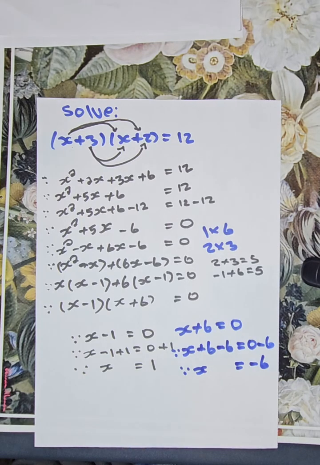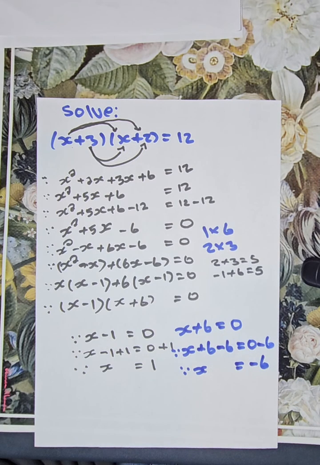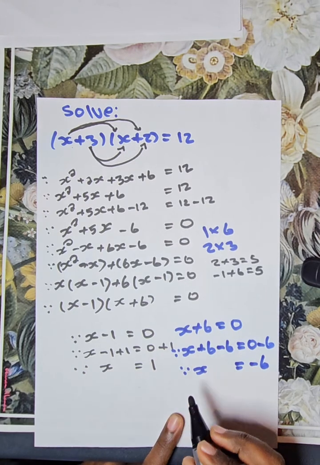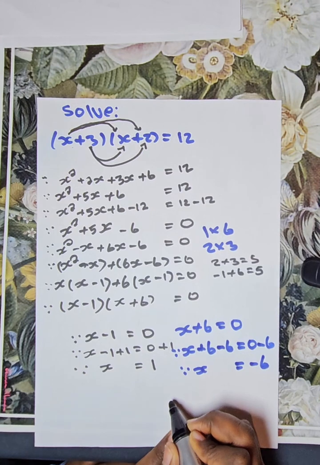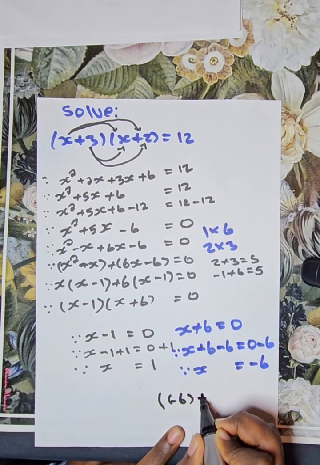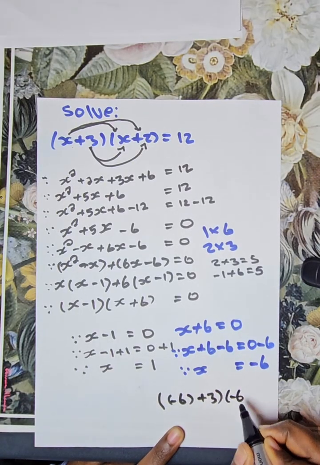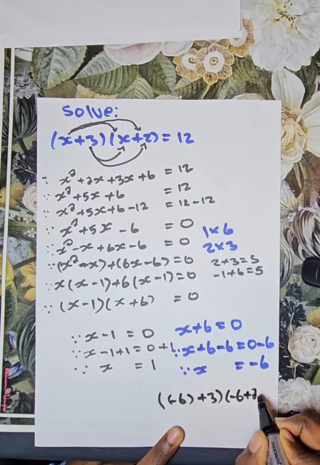Now, what you need to do is check, is this valid? Let's make it quick. It was (x + 3)(x + 2) equal to 12. Will this give us the right answer? Let's first substitute with minus 6. I take x plus 3 and put minus 6 plus 3, and then minus 6 plus 2.